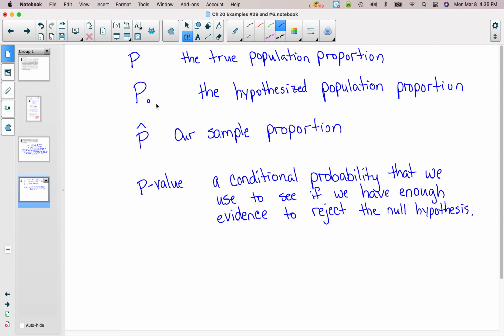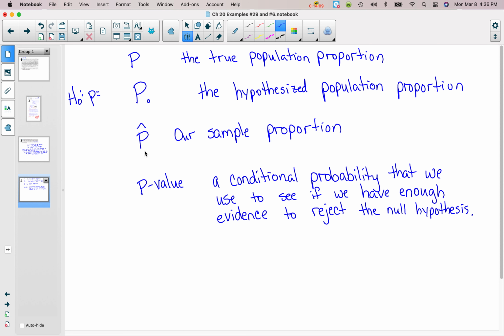We have what we call P naught, which is a hypothesized population proportion. It's what we believe the population proportion is, what we're testing to see if it's that value. You don't have to call it P naught. It's the H naught value, where it might be P equals something, we don't know what. But a lot of times we refer to that as P naught, that hypothesized value about the population proportion.